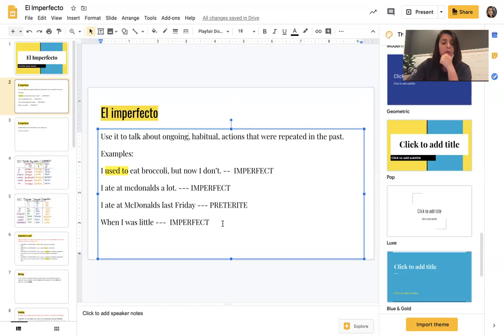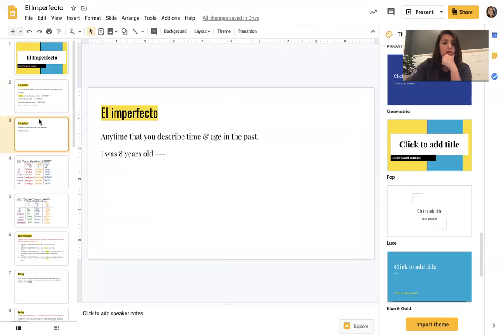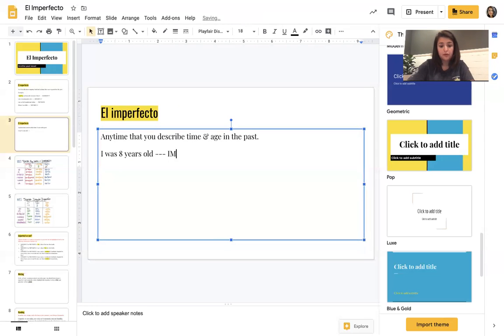Okay, so that would be imperfect. Also, anytime that you describe time and age in the past, you would use imperfect. So if you are talking about when I was 15, when I was 8, that would be imperfect. And that's just like a rule. Anytime that you talk about your age in the past tense, you would use the imperfect.